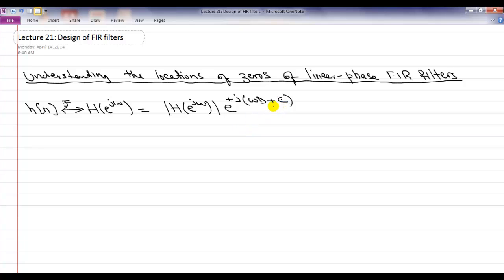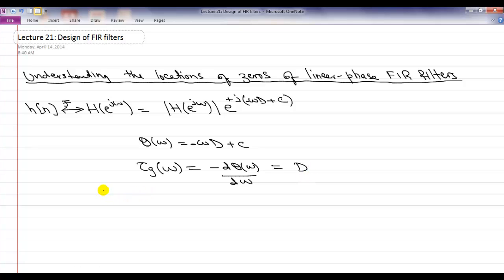There is a constant term which makes it affine, but it's the same case because your theta of omega is omega D, plus c. So if you calculate your group delay, which is defined as minus d theta of omega by d omega, then you get capital D. So you get a constant group delay.